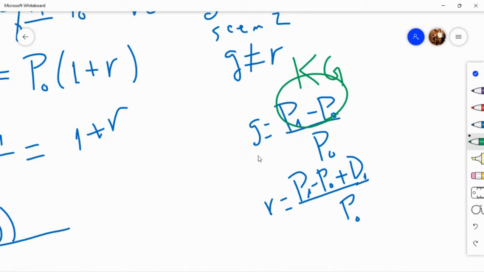So growth rate is only when there is only capital gains, no additional income. This is additional. Dividend is additional cash flow, right? So this looks, I don't like this.